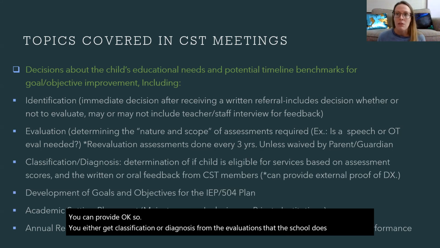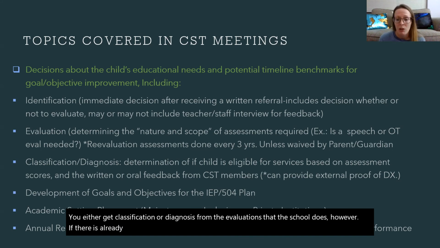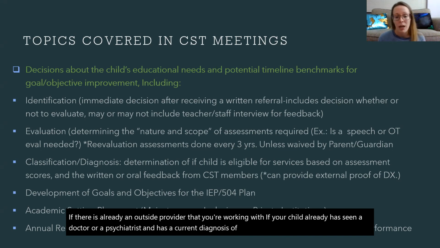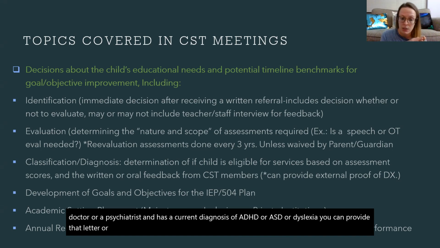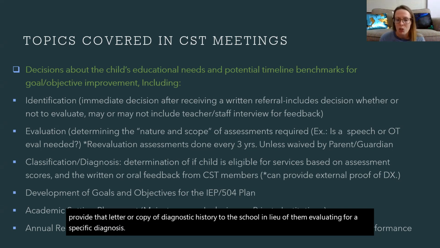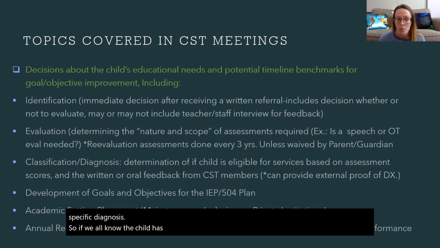However, if there is already an outside provider that you're working with, if your child already has seen a doctor or a psychiatrist and has a current diagnosis of ADHD or ASD or dyslexia, you can provide that letter or copy of diagnostic history to the school in lieu of them evaluating for a specific diagnosis. So if we all know the child has ADHD, they can do a classification at the school themselves, or you can provide an outside diagnostic letter of proof.